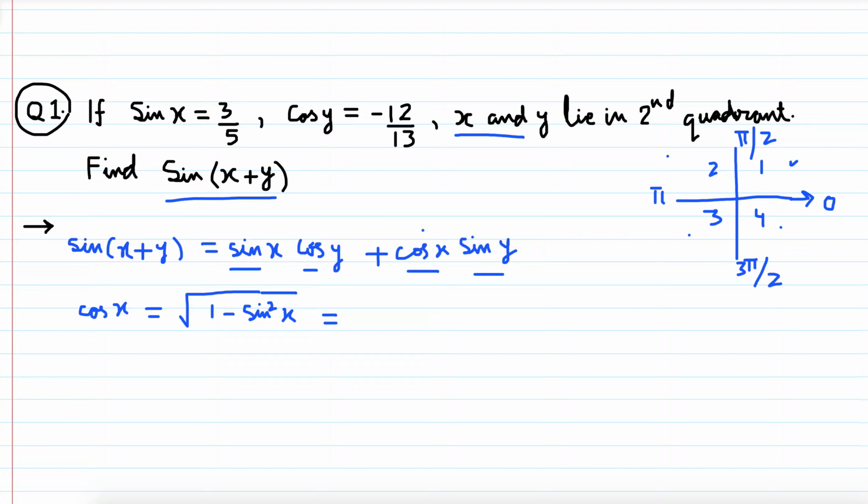So 1 minus 9 by 25 under root. 3 by 5 square is 9 by 25. And then 25 minus 9 is 16. 16 divided by 25, which is plus minus 4 by 5.